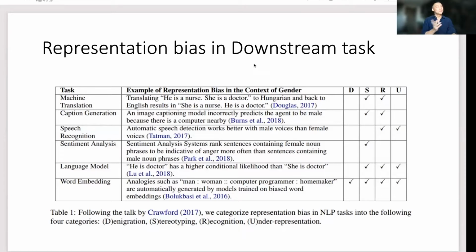If you translate that to say Hungarian and back translate it into English, then you get things like "she is a nurse, he is a doctor", because Hungarian might not have a gender pronoun, or the verb that they conjugate might not preserve the gender in it.